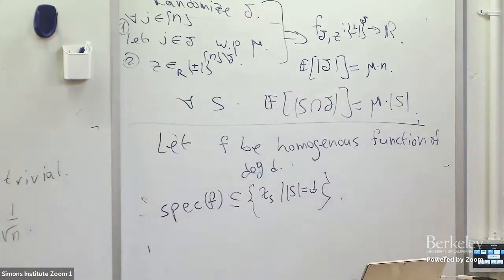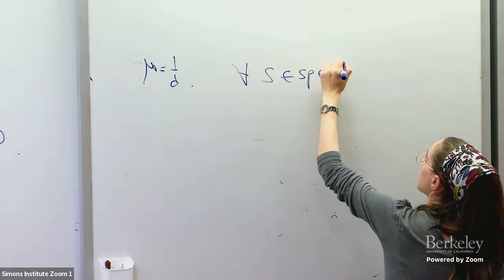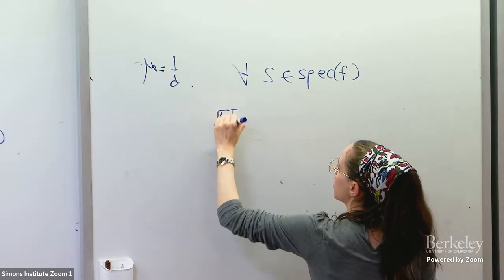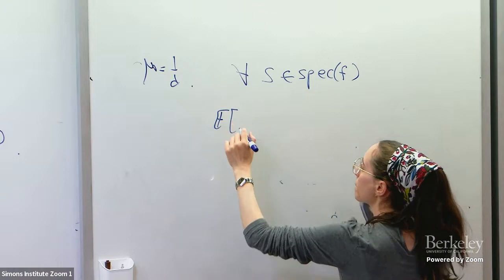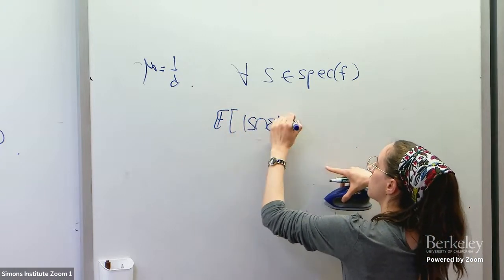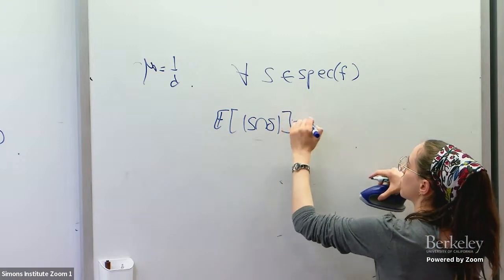it will be useful to take mu to be 1 over D. So if mu equals 1 over D, for example, then for every S, we expect the size of the intersection of S and J to be exactly 1.